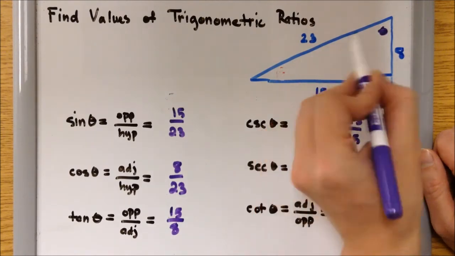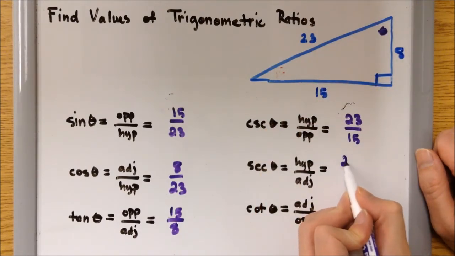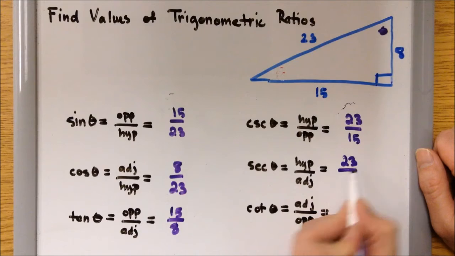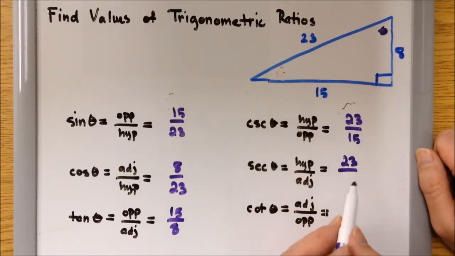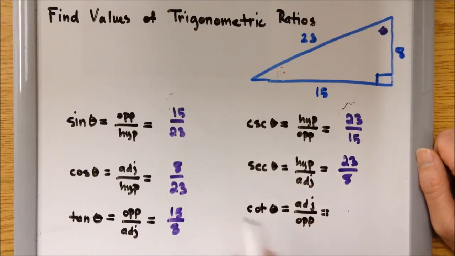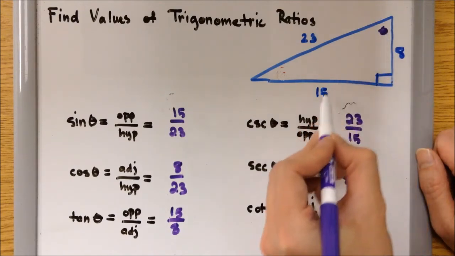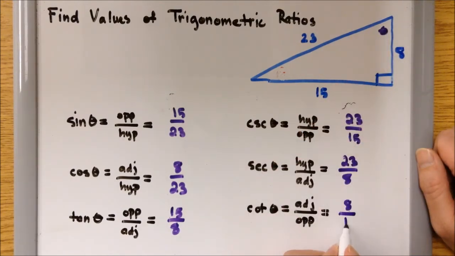So hypotenuse, the longest side, 23, is on the top, and on the bottom is adjacent, what's next to the angle, which is 8. Cotangent theta is adjacent over opposite. So what's adjacent is 8, on the top. Opposite, across from the angle, is 15, on the bottom. So it's 8 over 15.